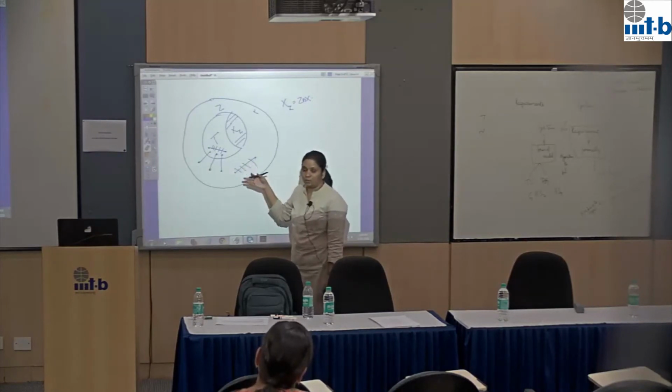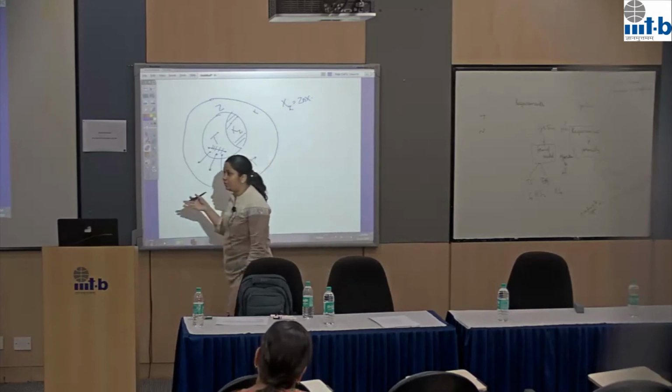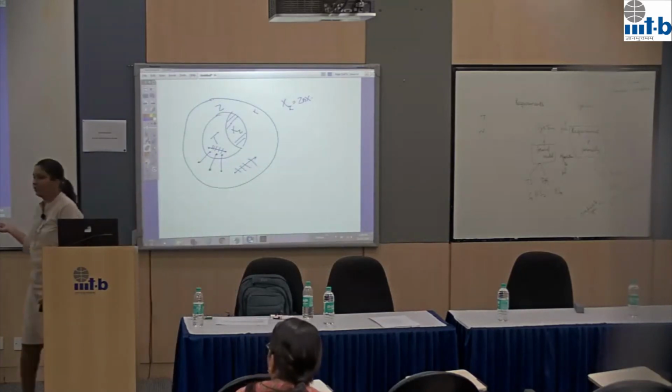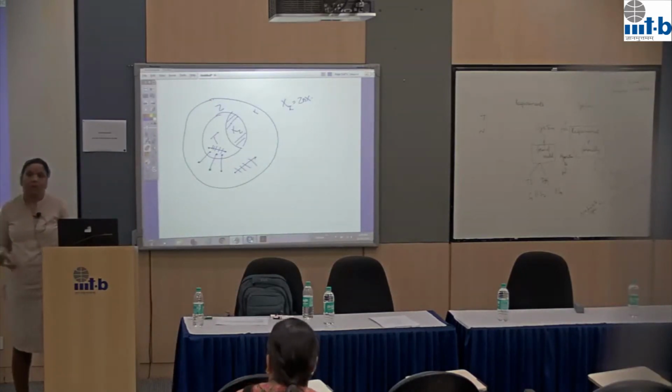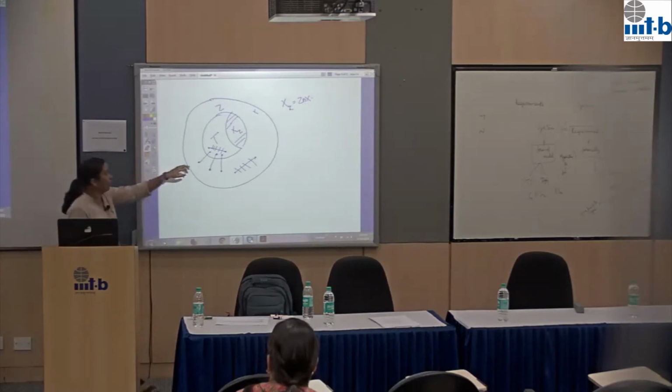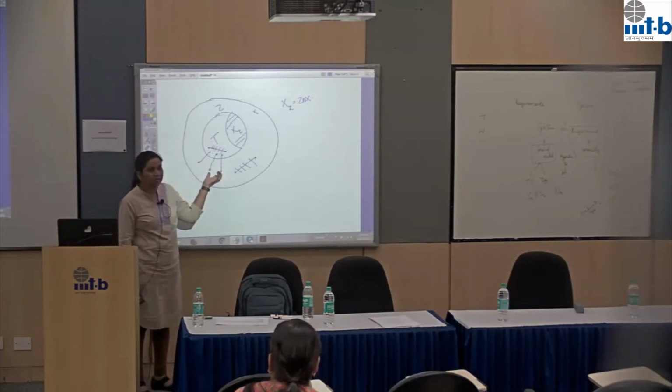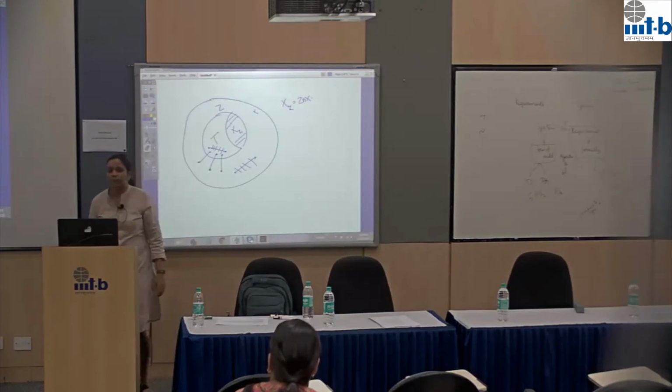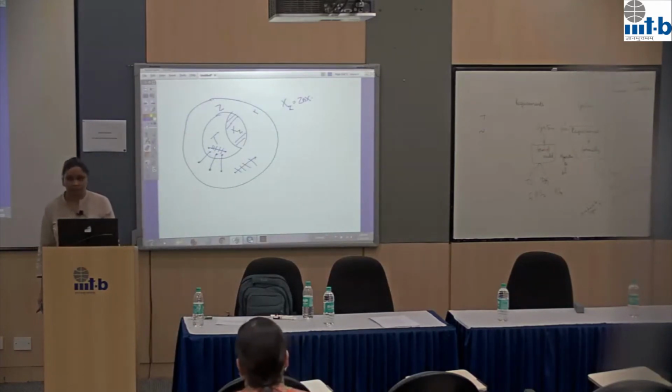If it is within our budget, if it is at most k, we got our k-sized optimal solution. If for none of these values of XZ we get a k-sized solution, that means it is a no instance.